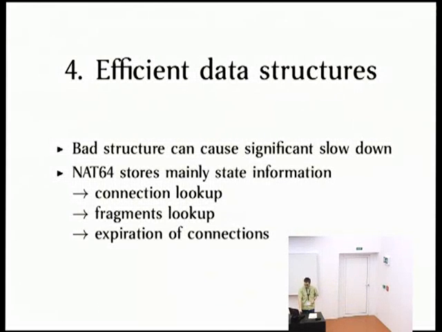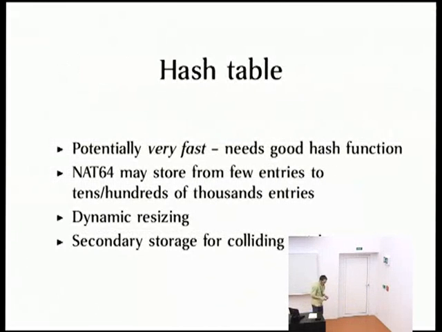There are several data structures you can choose from. The first, which is quite well known, is a hash table. It's quite popular because it's potentially very fast, but there are a few disadvantages. To be really fast, it needs a good hash function which uniformly distributes the data among the memory space.